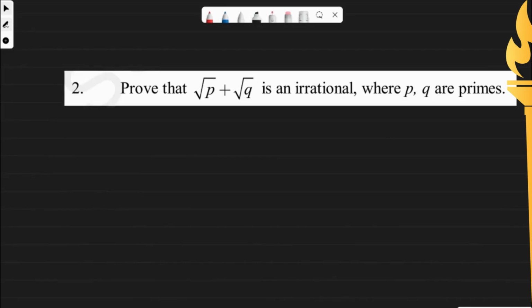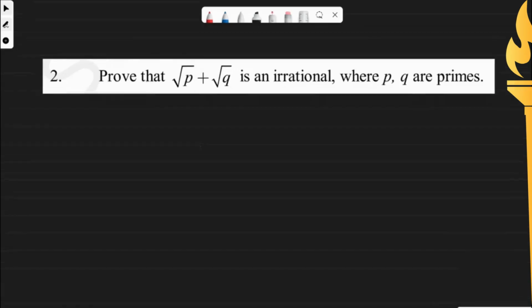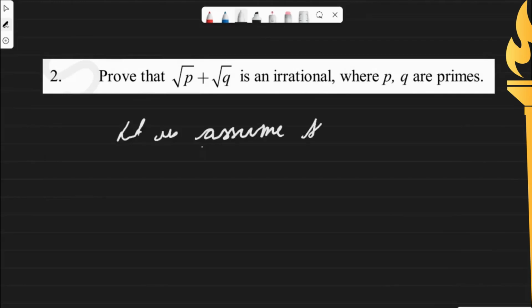So it is very similar to the third question of the first one, which is root 3 plus root 5. So again, similar to the first bit, let us assume that root p plus root q is a rational number.